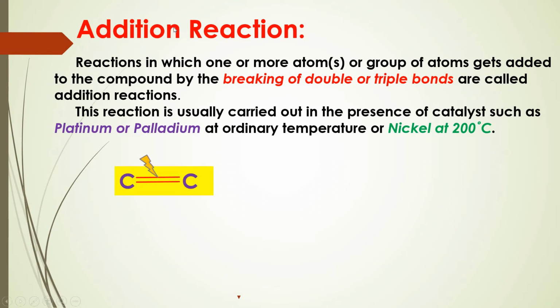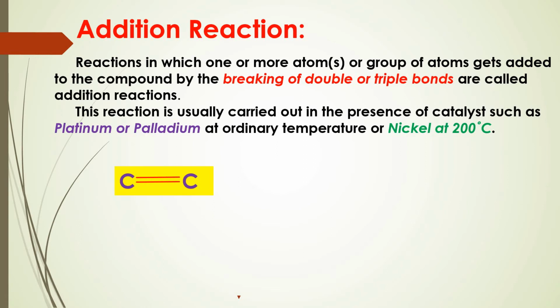Now, suppose this is a double bond compound, an alkene, where I have only shown the double bond between carbon atoms. Now, if the addition reaction is carried out, we all know a covalent bond is formed by sharing of two electrons. One covalent bond is formed by sharing of two electrons.